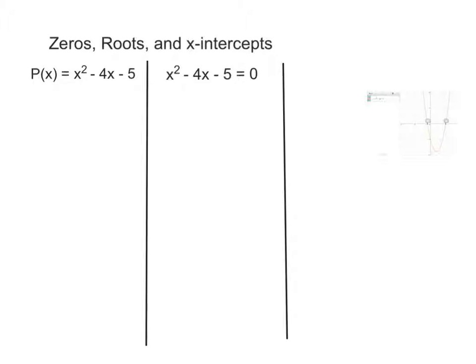The zeros of a function are the values that make the polynomial function equal to 0.